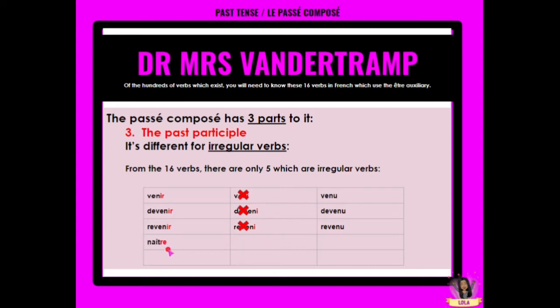The next one is naître, and naître does not become naîtu, is what you would think, because of the RE ending to U, does not become that, it becomes né. And finally, mourir, an IR verb, does not become mouri, it becomes mort. So you would have to basically memorize these 5 irregular verbs that are in Dr. and Mrs. VANDERTRAMP. Some people also call this Mrs. R.D. VANDERTRAMP, and that's perfectly fine. It's just different ways of learning it.